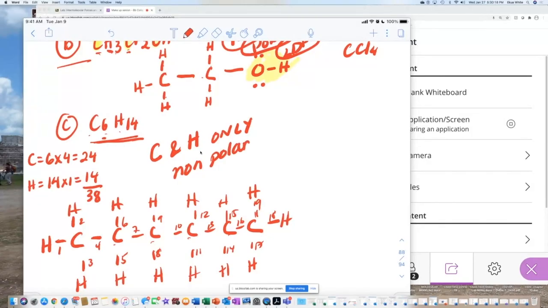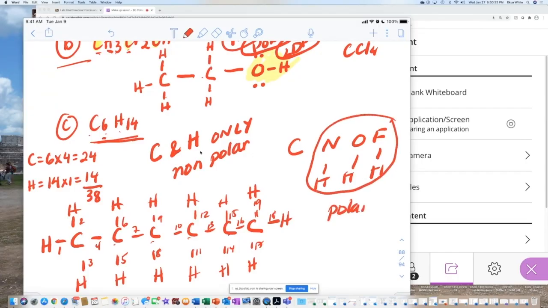In the SNOF group, if you attach hydrogens to all of these, the ones on the right are polar and can hydrogen bond. But attach a hydrogen to carbon, and somehow it works out to be nonpolar, even though it's right next to that group. So the carbon-hydrogen bond is nonpolar, even though carbon is right next to nitrogen in the periodic table. Crazy stuff, huh?